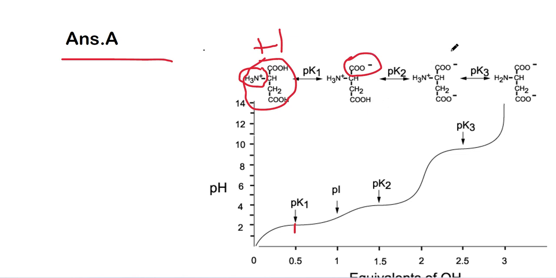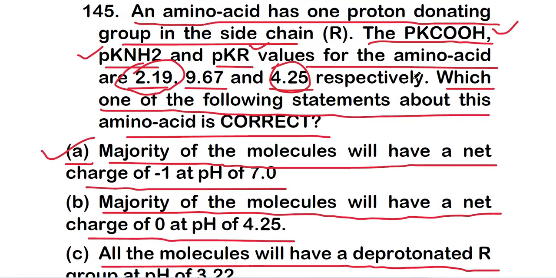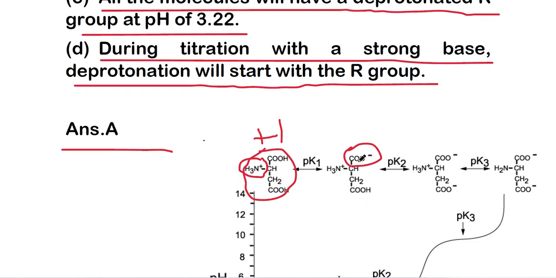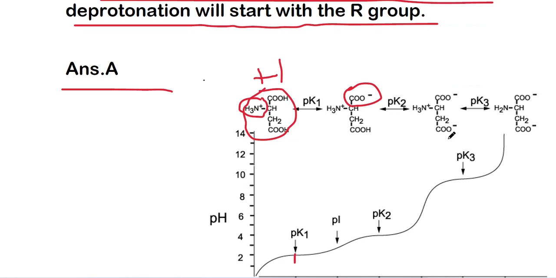And next at 9.67, in this condition another hydrogen is released, and here it is in -1 form. Okay, so here we can see it is -1 after pH 4.25, that is around 9.67, that is -1 charge.